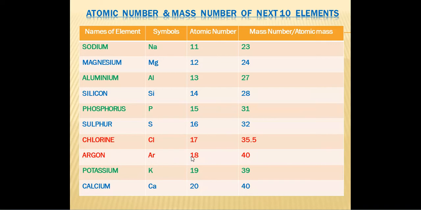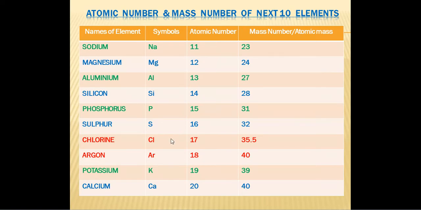Argon is 18, symbol Ar. Potassium is 19, symbol is K. Calcium's atomic number is 20 and its symbol is Ca. So you can learn the name of the element, symbol and atomic number from 1 to 20. Please go to that video and learn those things. Then only you can remember the mass number.